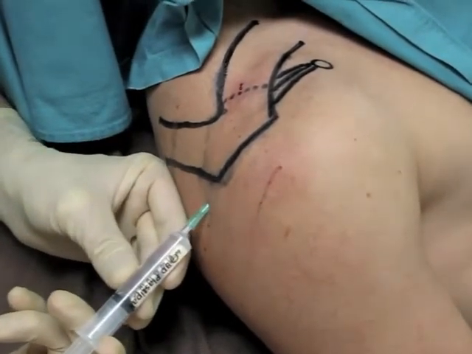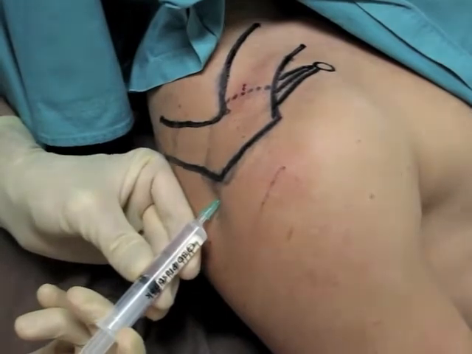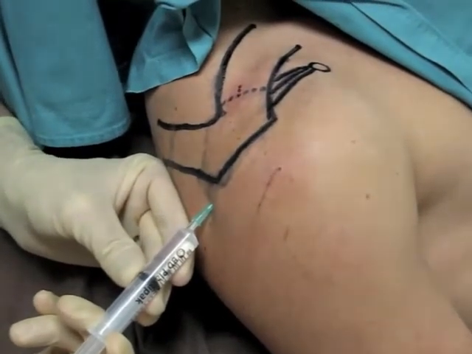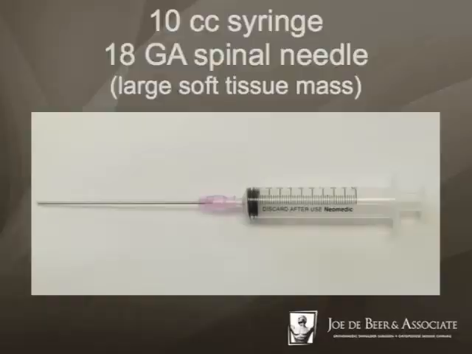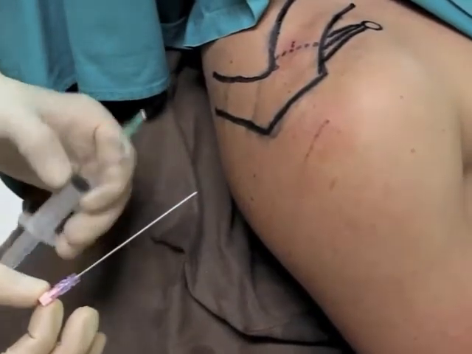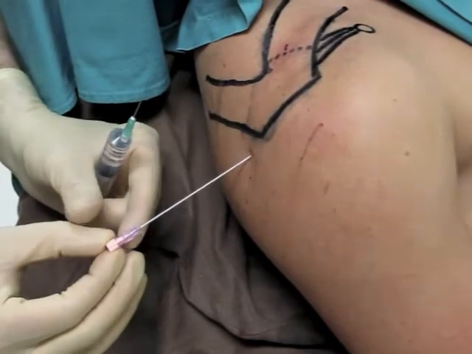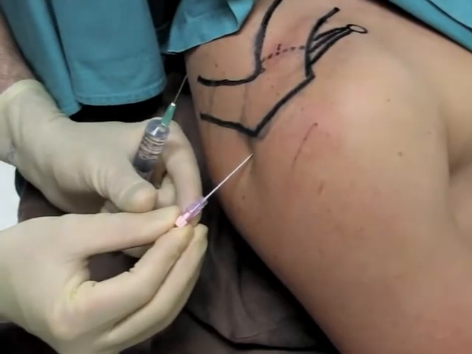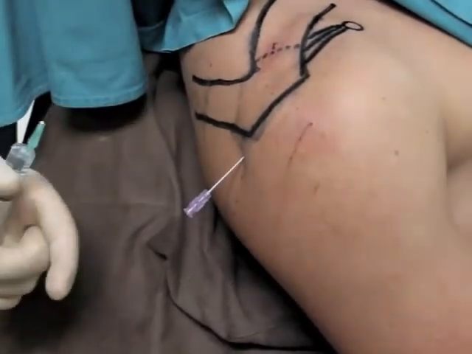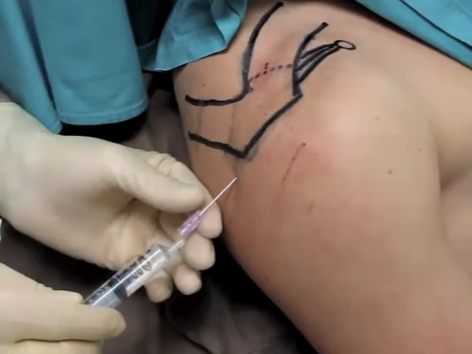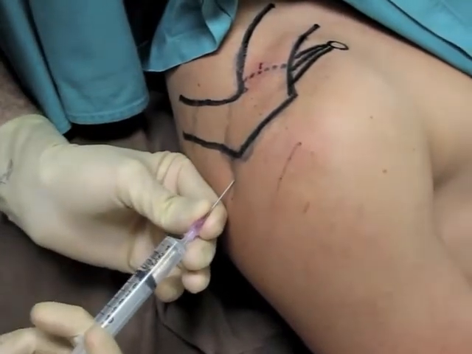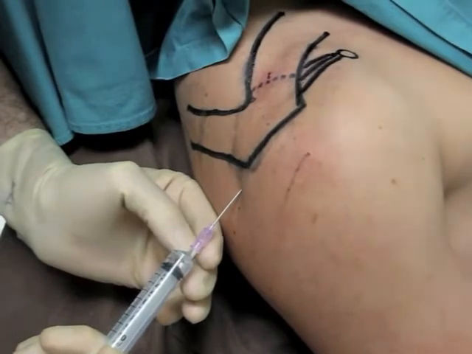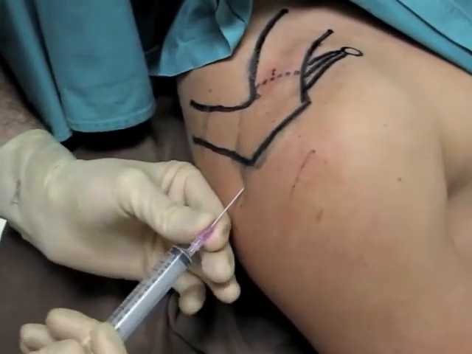But what happened here was that the needle was not long enough to reach the joint. In such a case, one may decide that one needs a larger or longer needle, specifically a spinal needle, to reach the joint. The spinal needle is inserted in the same place, in the same direction, and the injection is given, and free flow is felt, which usually indicates intra-articular placement.